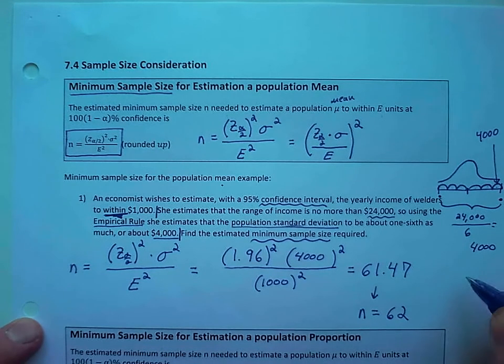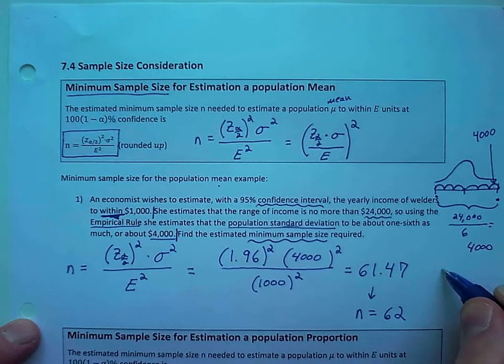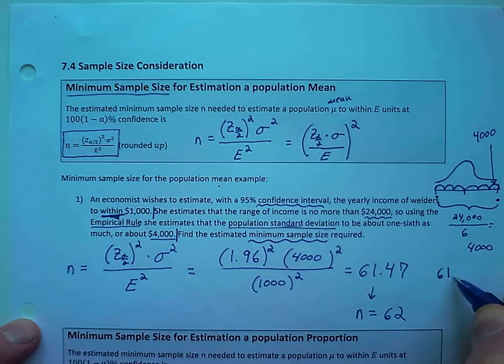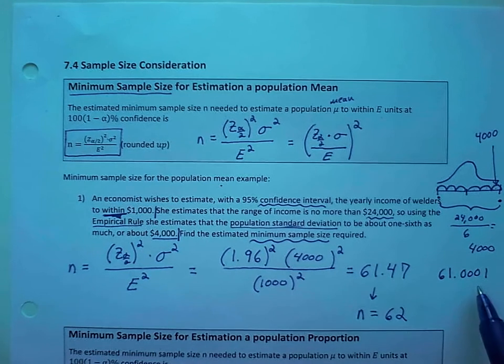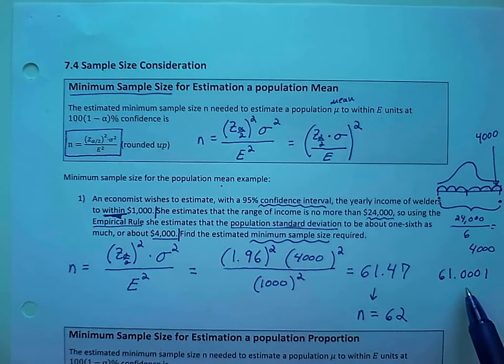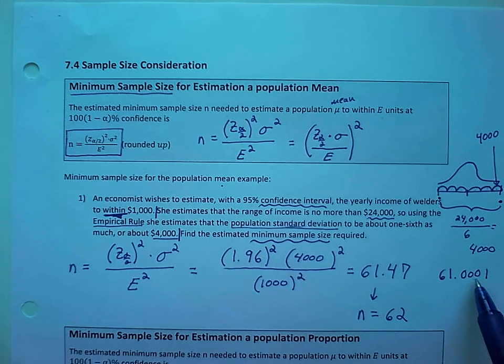Even if, hypothetically speaking, had we had slightly different numbers, even if we would have calculated out 61.00001, if that is the minimum threshold that you need to meet, doing 61 is not good enough.